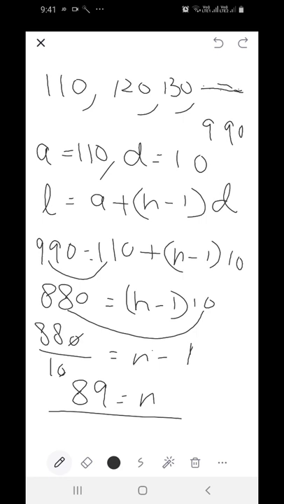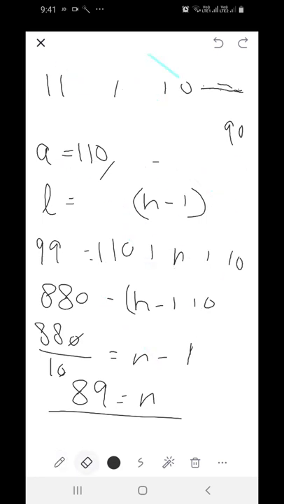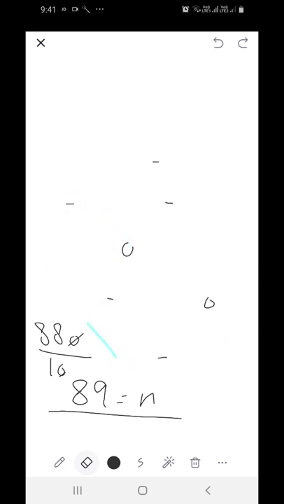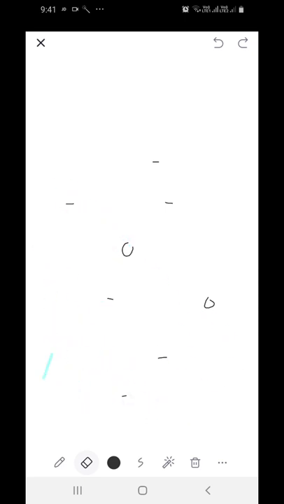Now I am taking up the 18th question. 18th question says, if the numbers n minus 2, 4n minus 1 and 5n plus 2 are in AP, means these are the three numbers given for an AP, you have to find the value of n. So what is the first rule of forming AP? In order to have AP, the difference should be the same.